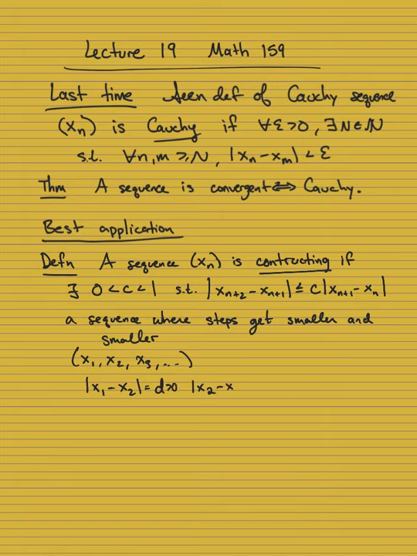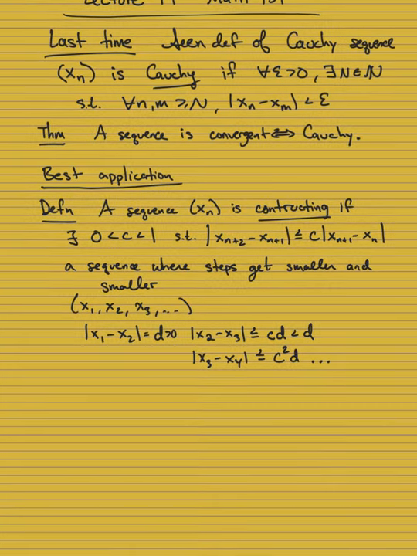Then I know that x2 minus x3 has to be less than or equal to c times d, which is in particular less than d. And then this continues, right? So x3 minus x4 is less than c times c times d, so c squared d, and etc. Okay? So you know that there's this kind of definite amount of decrease between the terms.